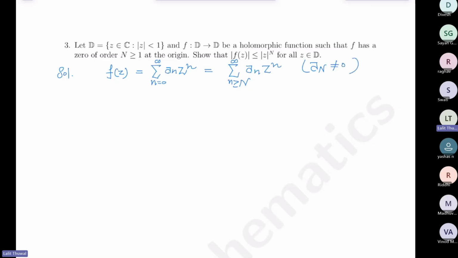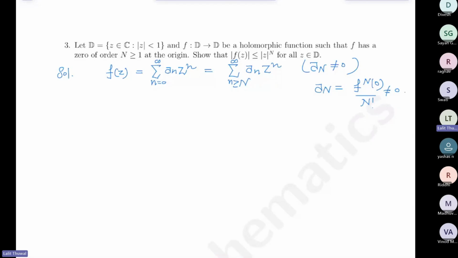And do you know what is the value of a_n in the power series expansion around 0? Yes, f to the n at 0 divided by n factorial. So this is non-zero. Keep that in mind.